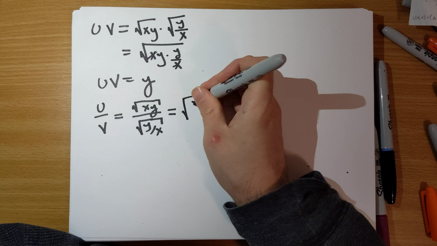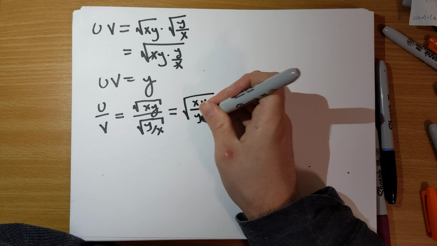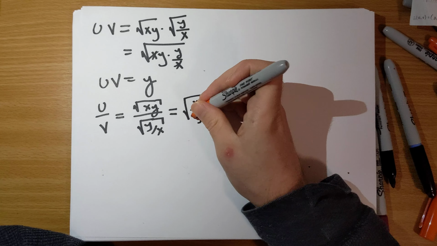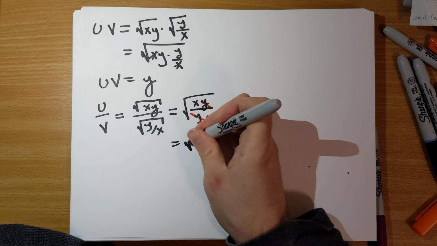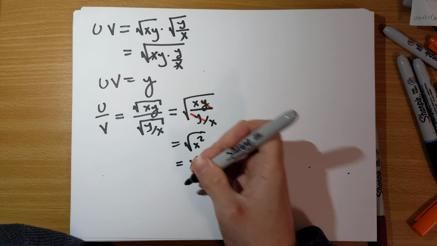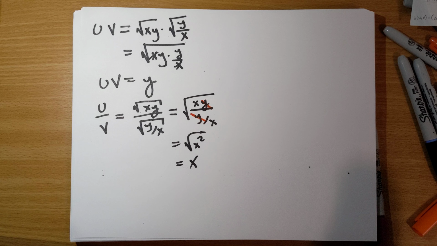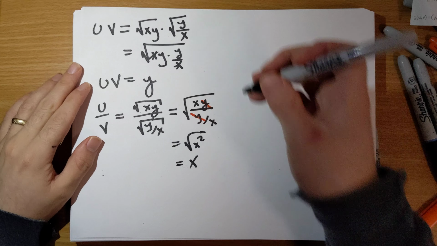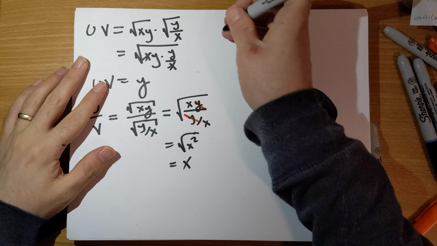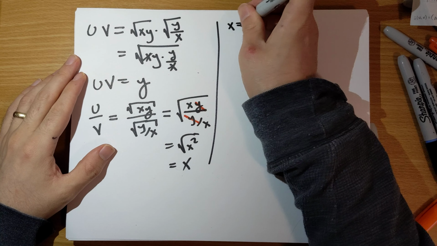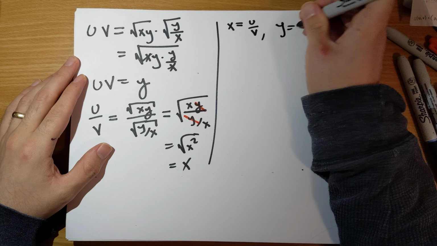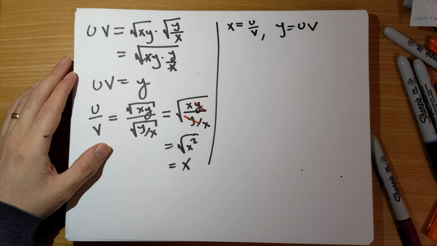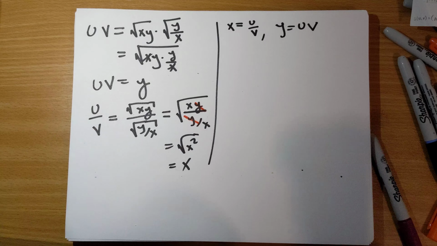This is the square root of xy over y over x. The y's cancel, and we get the square root of x squared, which is x. Again, first quadrant, everything is positive. So our map, x is equal to u over v, y is equal to u times v. This is our transformation here.